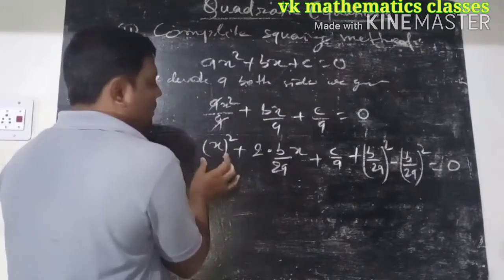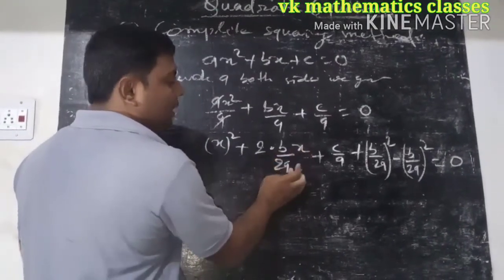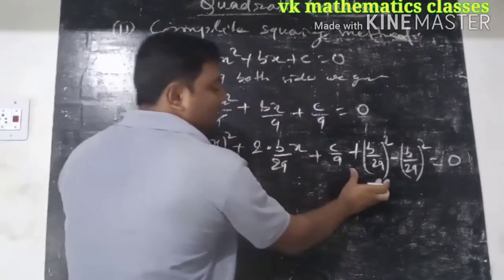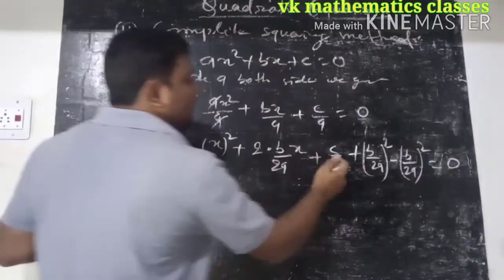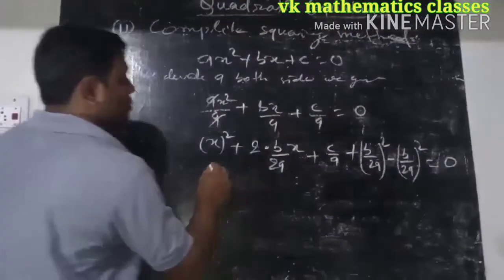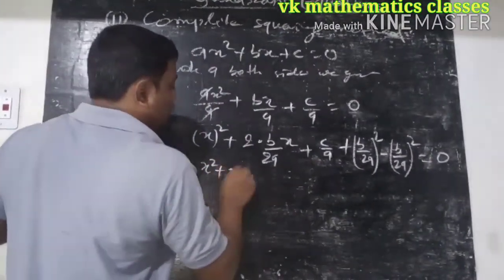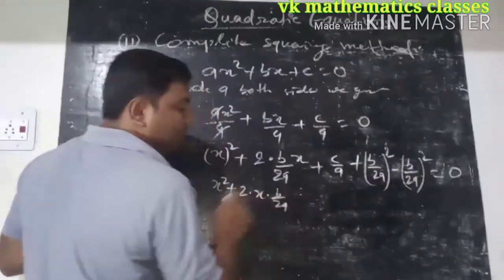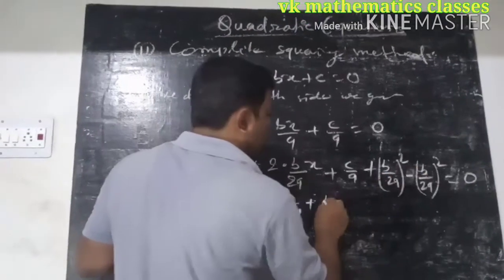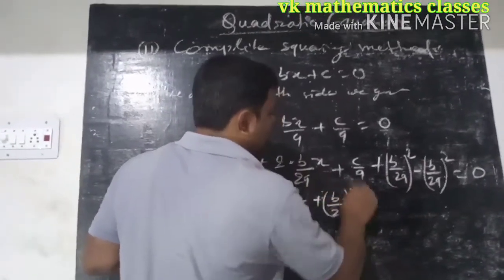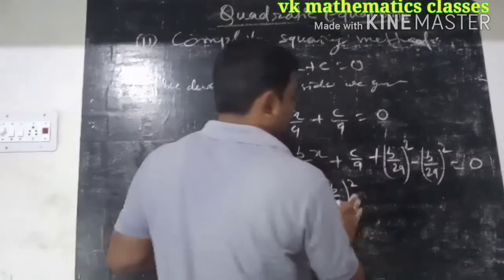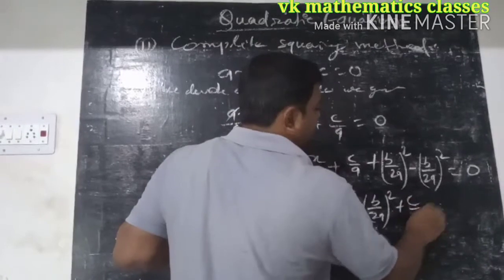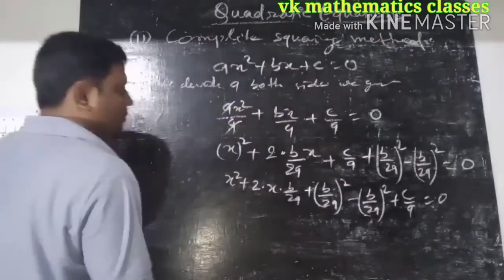Now a square, 2ab, plus b square: these three terms are taken on one side and the other is here. So x square plus 2 into x into b by 2a, plus (b by 2a) square, minus (b by 2a) square plus c by a is equal to 0.